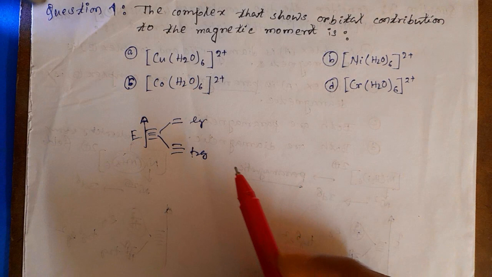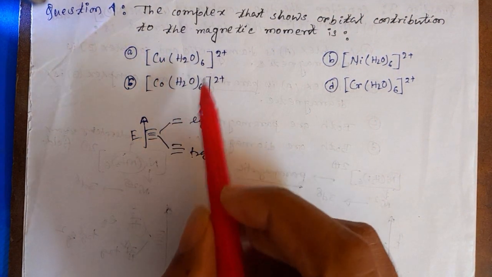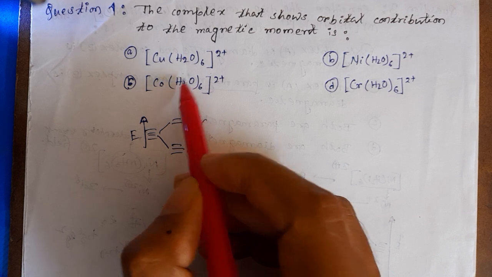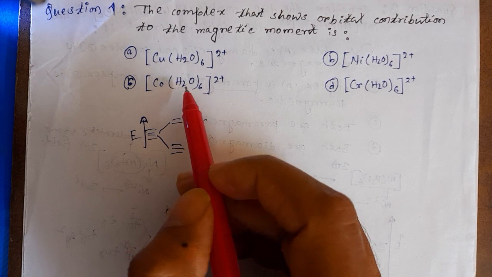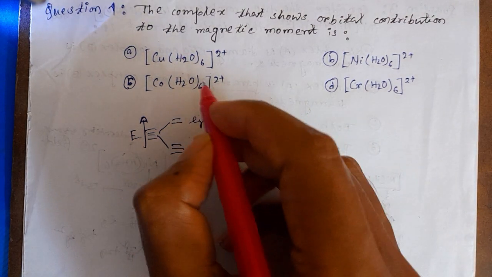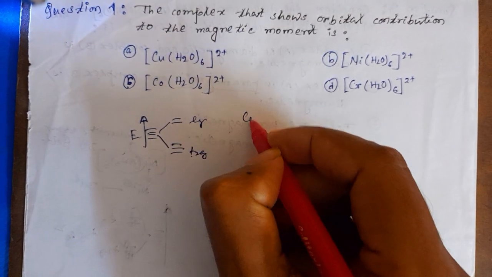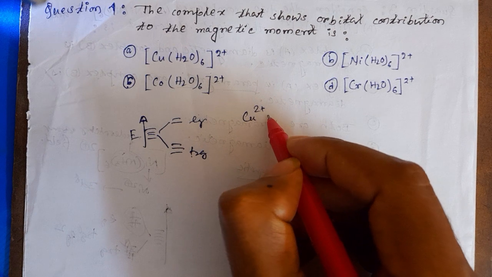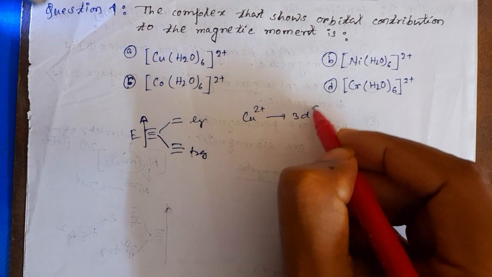Now to solve this problem, you can see all these complexes are octahedral and the coordinating ligand here is the water molecule. So if we talk about the first complex, that is copper, the oxidation state is 2+, so it is a 3d9 electronic system.